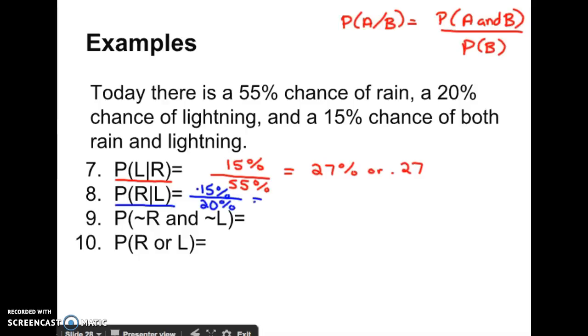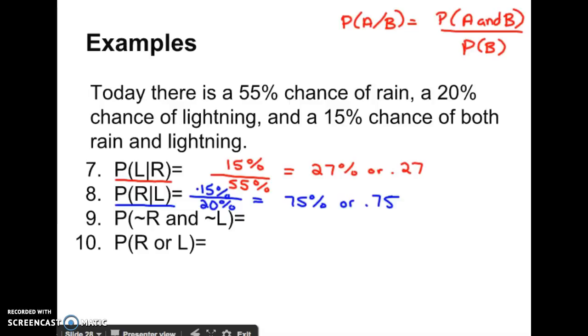If you divide that out, you end up getting 75% or 0.75. And that should make sense. Probability that it'll rain knowing it's already lightning, usually it rains when it lightnings. And the probability of lightning knowing that it's going to rain, well, it doesn't always lightning when it's going to rain. So those should kind of make sense.